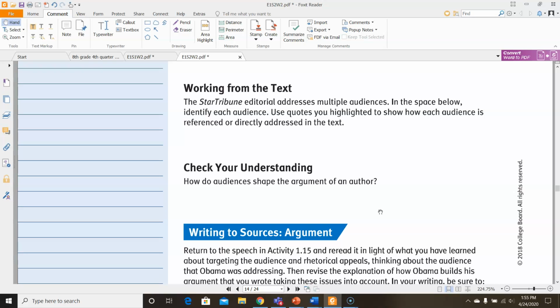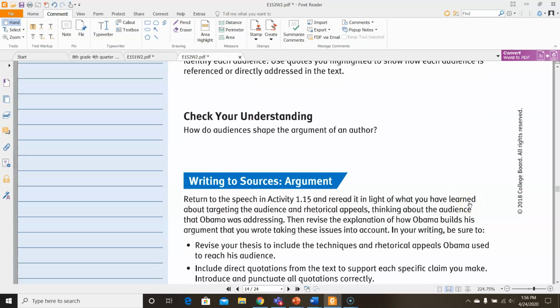So you're going to want to go back and find each audience that you were able to identify, and then put in the space below which audiences were there, and then use quotes to show that that was the audience. And then in the check your understanding section, it says, how do the audiences shape the argument of an author?